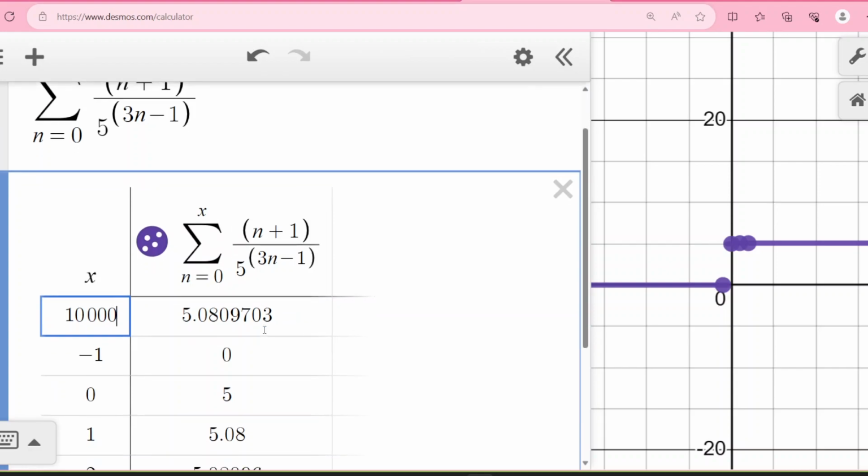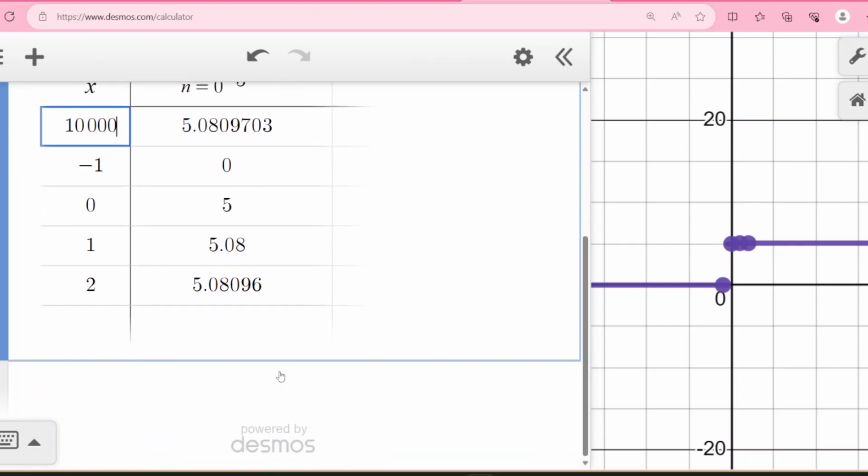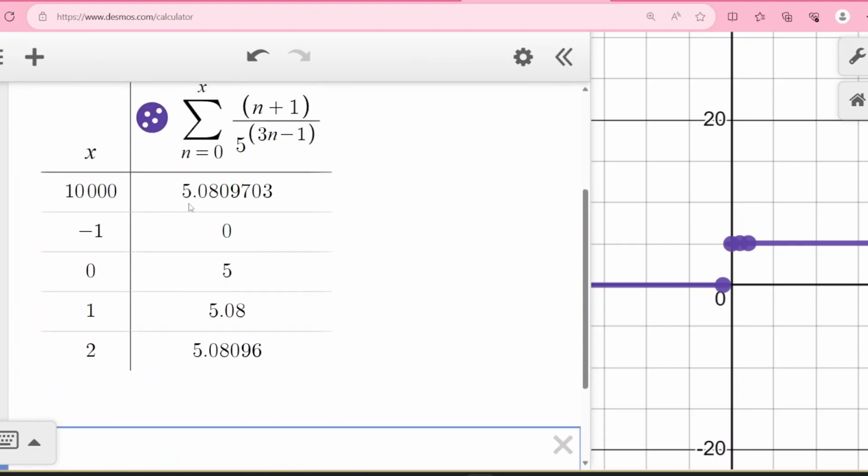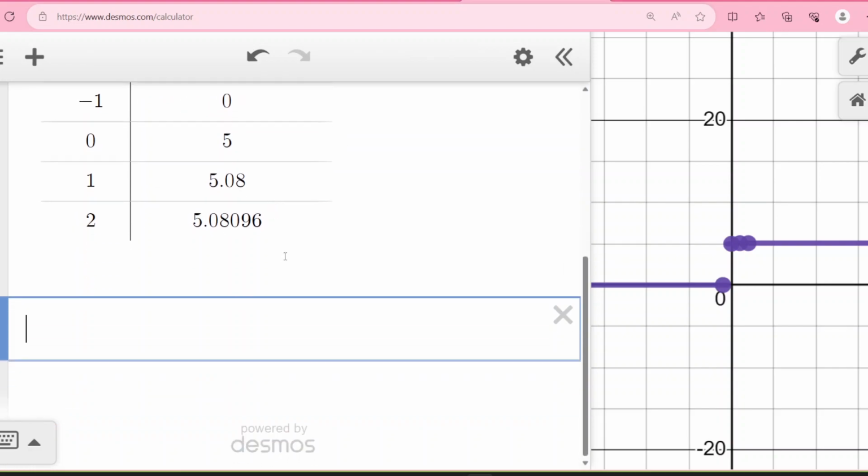So this series will converge to 5.080970, and this decimal place might be 3 or something that rounds to 3. Now, hopefully when I punch in what I typed in on the assignment, what we said it would converge to actually starts off this way. It's 5.0809703.